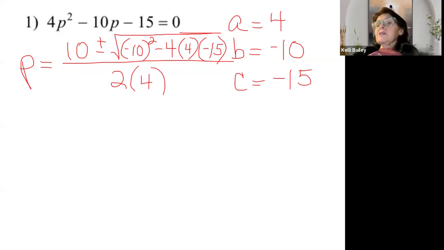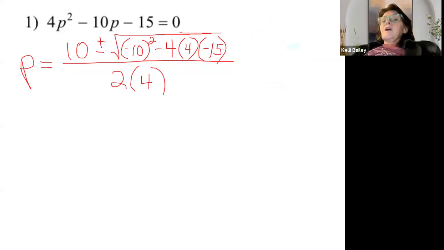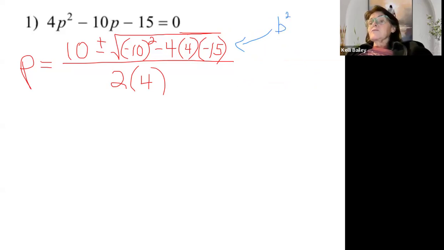All right, just to keep these things from running together, I'm going to erase all that up there. Now, this part underneath the square root, this part underneath the radical, the b squared minus 4ac, that's called the discriminant. So write that down. That's something that is going to help us a lot.